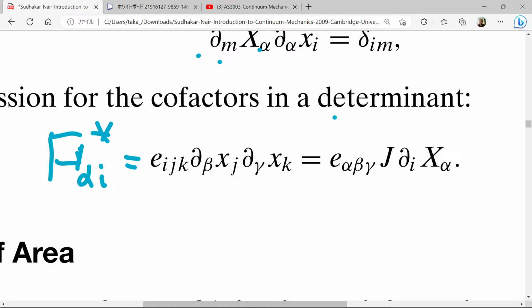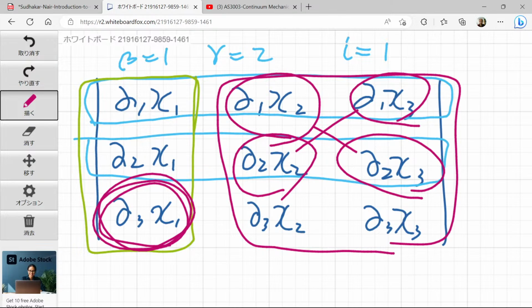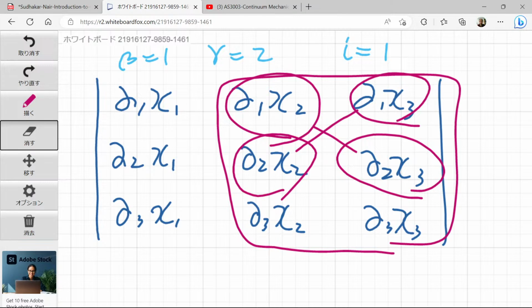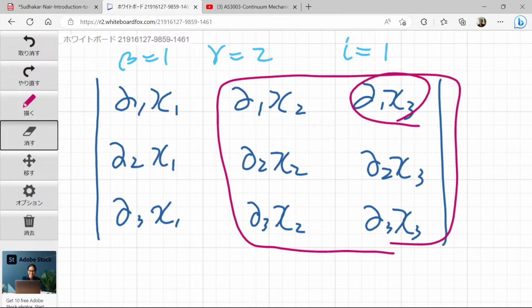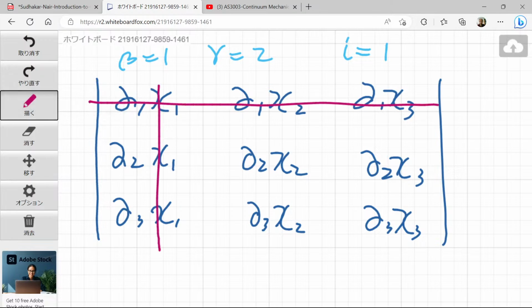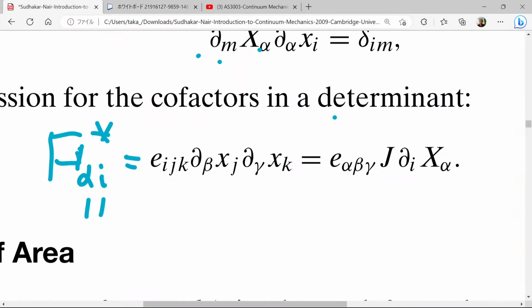Let me try. Okay, let's do 1, 1. If we consider 1, 1, this is 1, 1. So the cofactor should be like this. 2, 2. This is a cofactor. Okay, we do here.